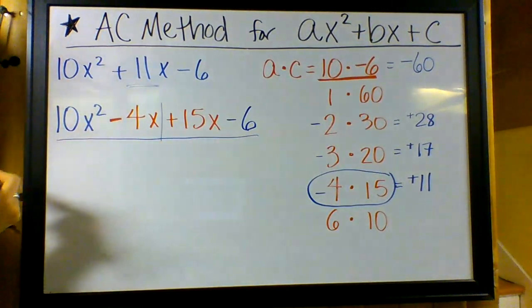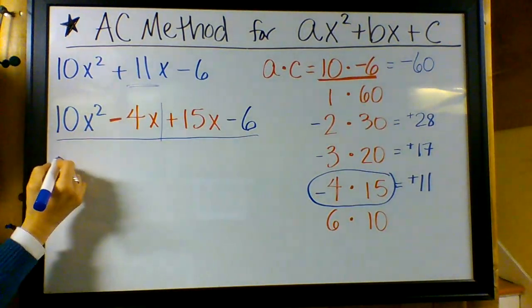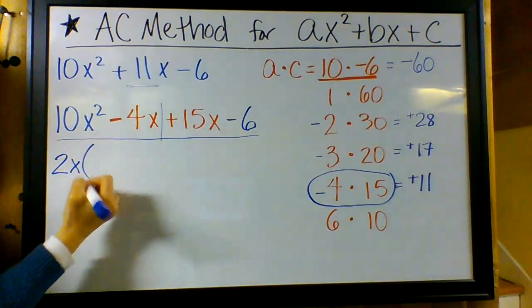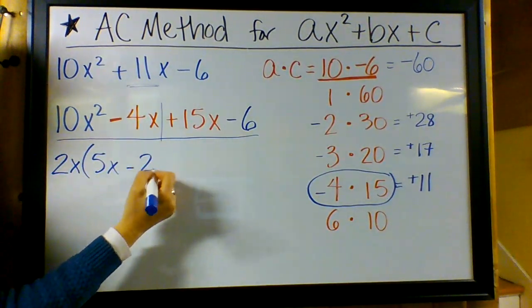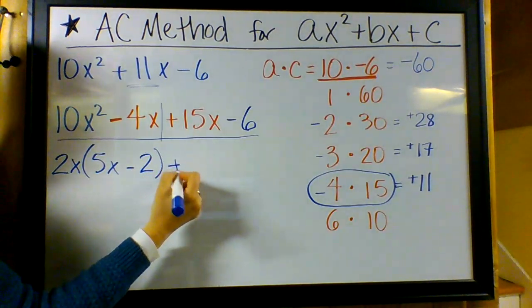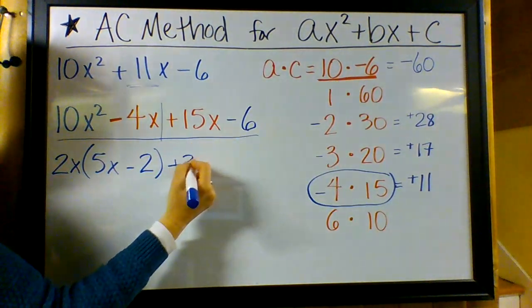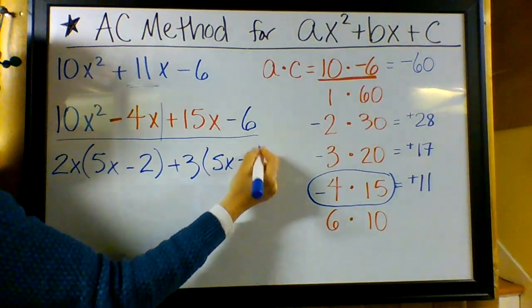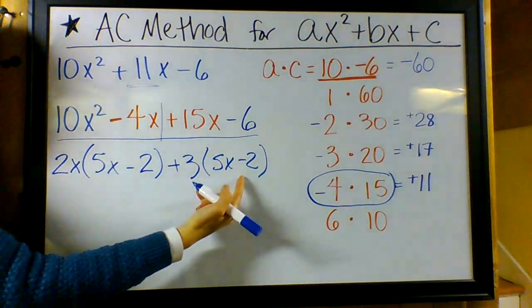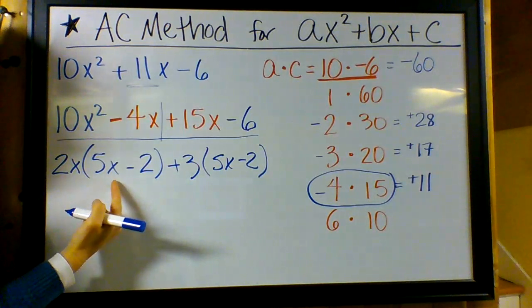So let's just do that quickly here. I see a 2x. Remember GCF there? That's going to be 2x times 5x minus 2, plus I'm going to pull out a 3 over here, and that is also 5x minus 2. And for grouping, that was our goal, that the two binomials in parentheses are exactly the same.